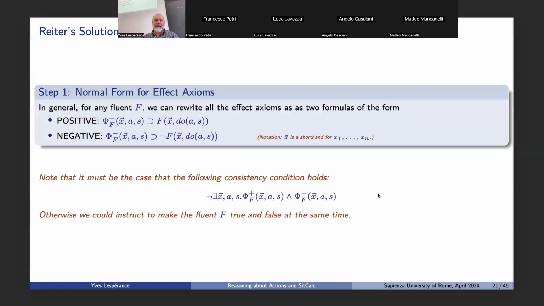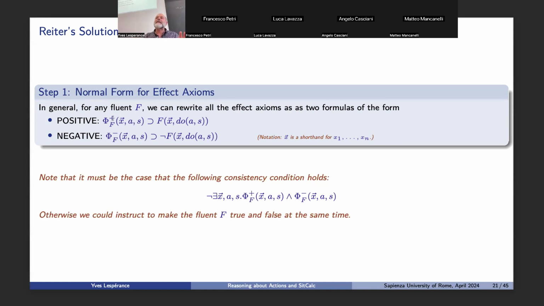So let's go over these steps. Step one is to take the effects that you have and rewrite them. For each fluent, you take every action that affects it and combine these effect axioms into axioms of this form. On the right hand side, you have fluent F, some argument, do(A, s).